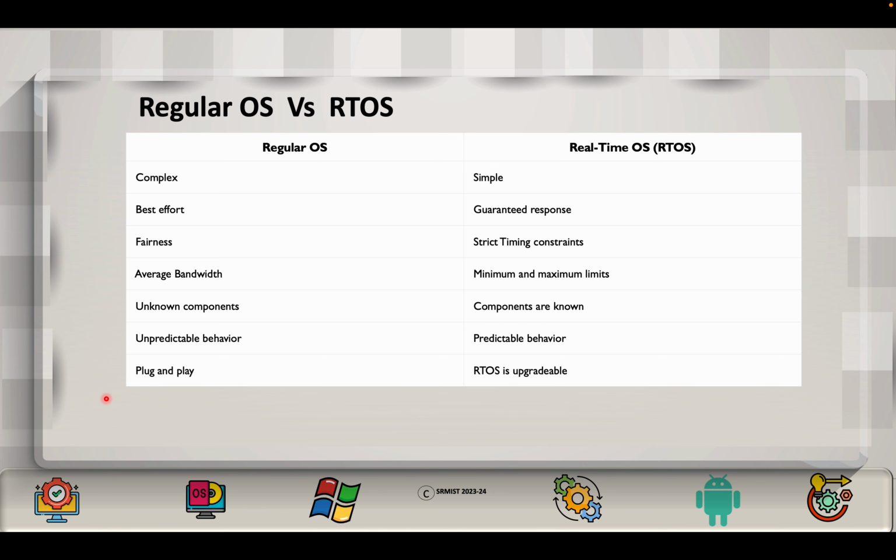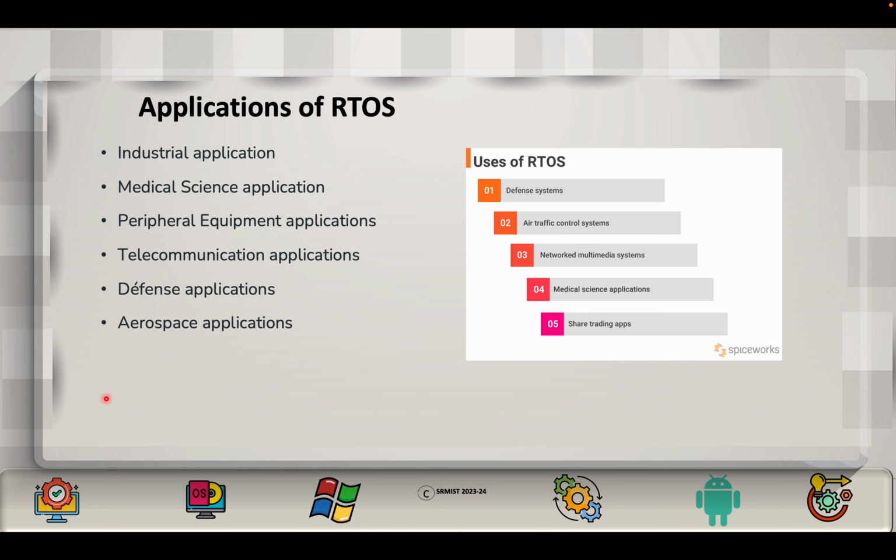In regular OS unknown components are used, whereas in RTOS components are well known. In regular OS unpredictable behavior may happen, whereas in real-time OS predictable behavior will happen. In regular OS plug and play is possible, whereas RTOS is upgradable. These are the differences between the regular OS and RTOS.